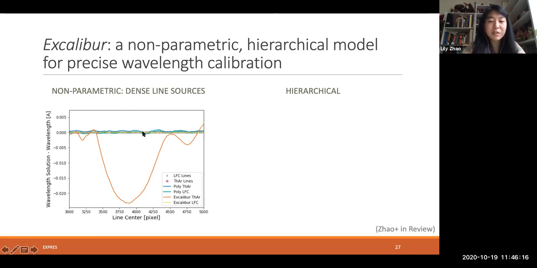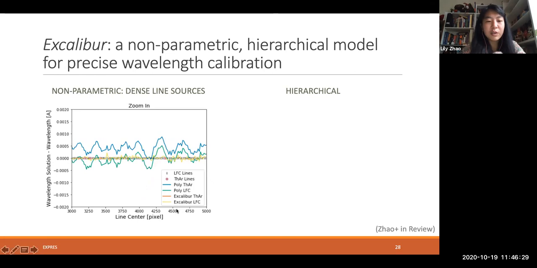And if we use a non-parametric model, like a cubic spline trained on the thorium-argon lines, you get these huge deviations when we are between two large thorium-argon lines. But if we zoom in, if we use a non-parametric model trained on the LFC lines instead, we get the closest match and the best prediction of the wavelength solutions. And furthermore, the polynomial fits using either thorium-argon or LFC have roughly the same shape, even if the offset is a bit different.